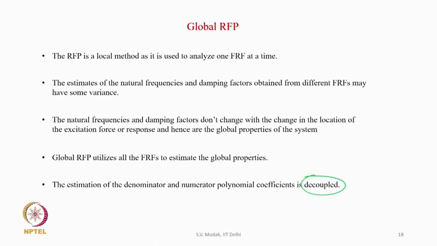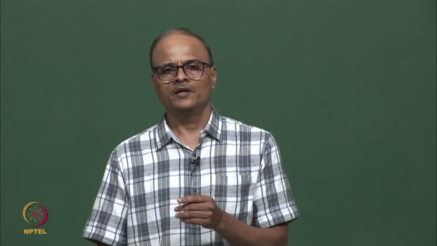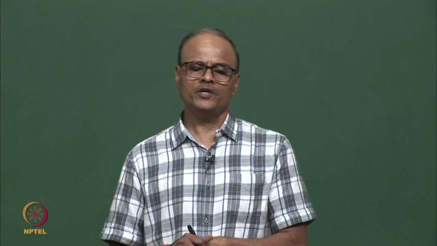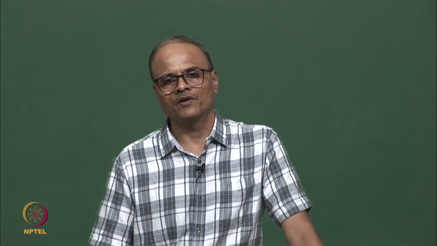That would then be a single consistent estimate of the natural frequencies and damping factors for the whole system. After that, we formulate the problem to determine the numerator polynomial coefficients, and that is done for each FRF separately. Then we find the numerator polynomial coefficients for each FRF, and we analyze those coefficients to find the residues using the pole residue theorem, and then we obtain the mode shape elements for that FRF, and we repeat this procedure for each FRF.